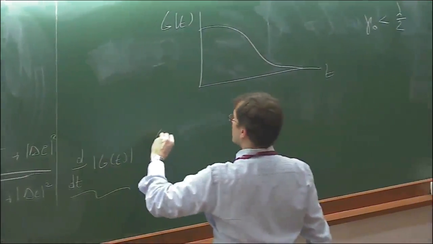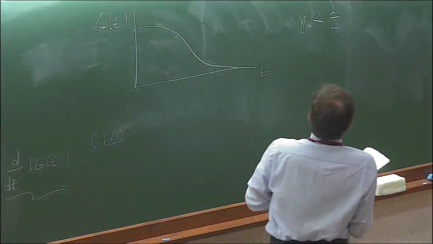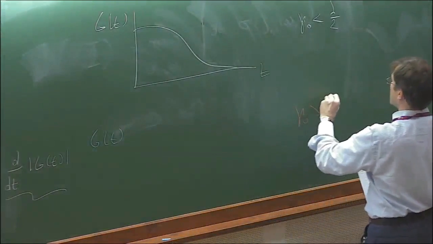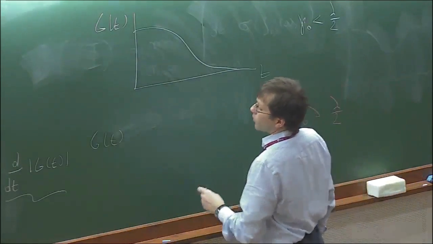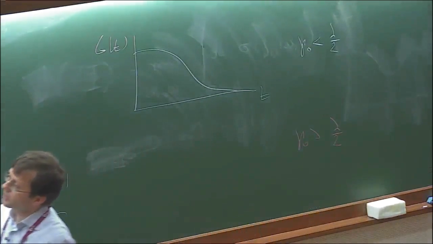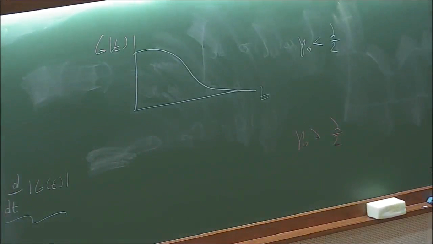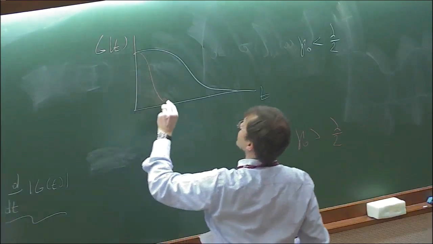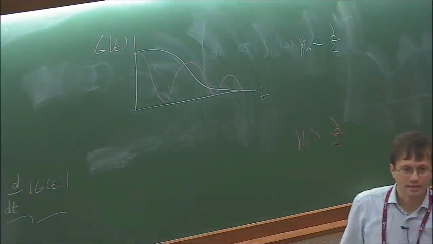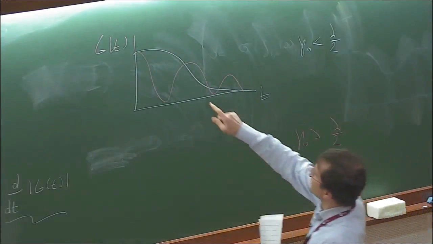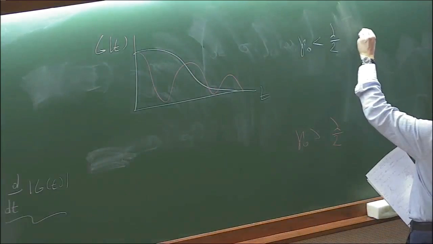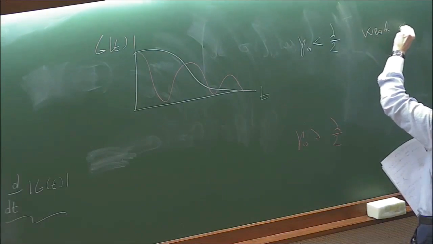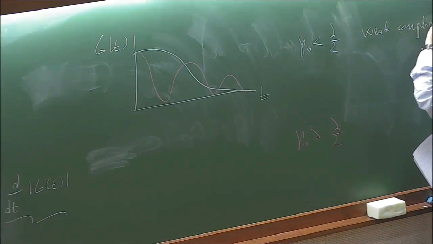While in the strong coupling, where gamma 0 is above lambda over 2, I use the same picture, what you have is that this quantity can become negative, so these become oscillating functions, and apart from details in the picture, something like this happens. So here you don't have revivals in weak coupling, while in strong coupling you do have them.